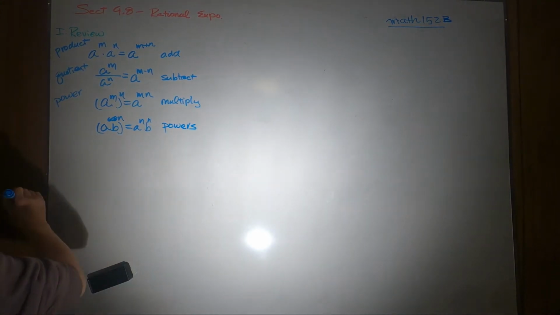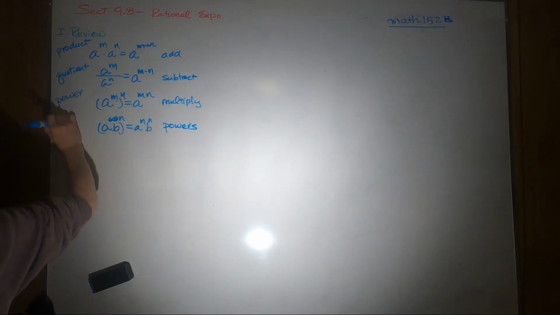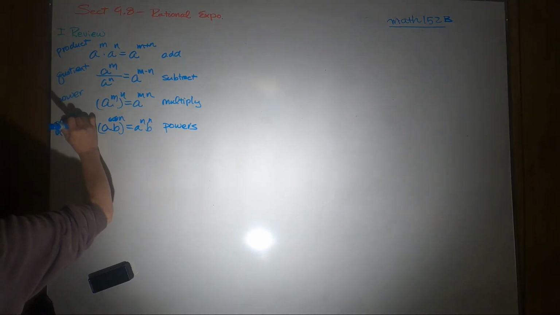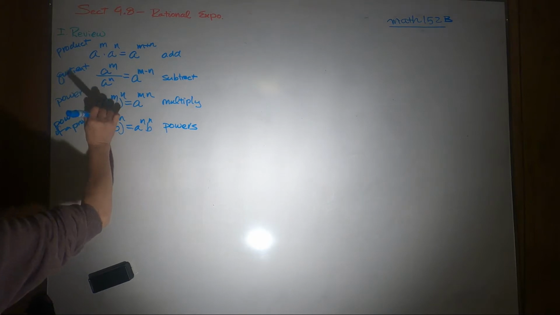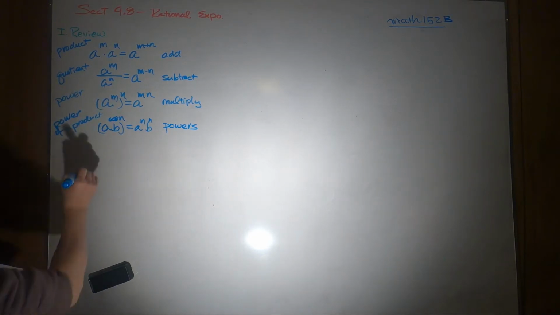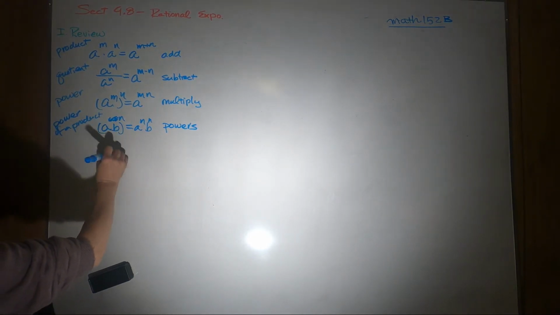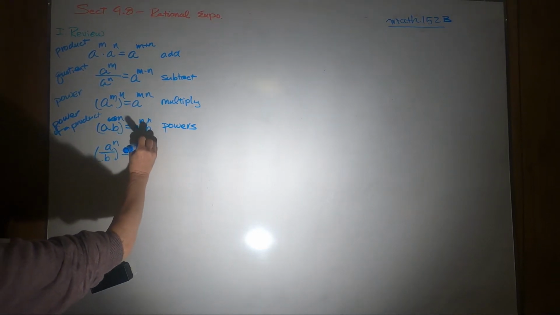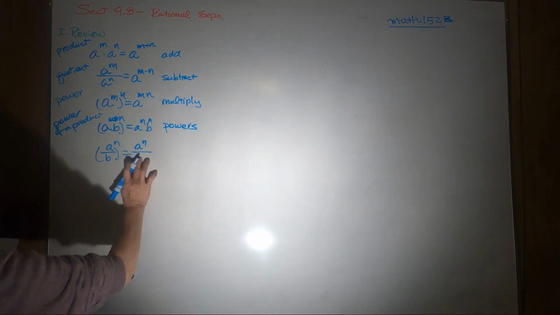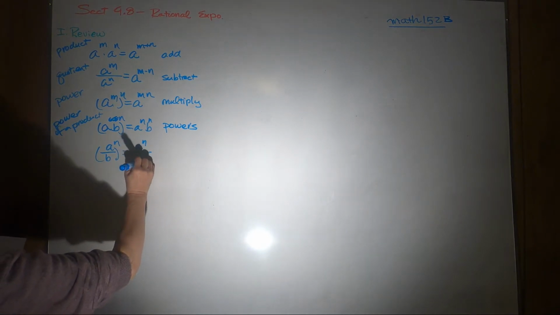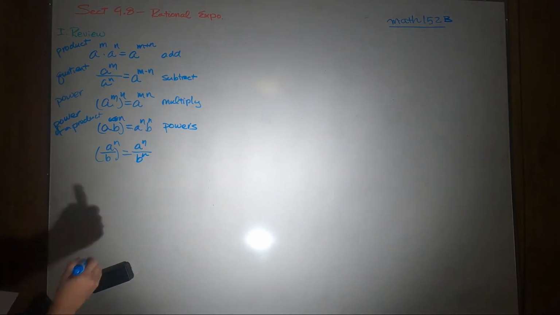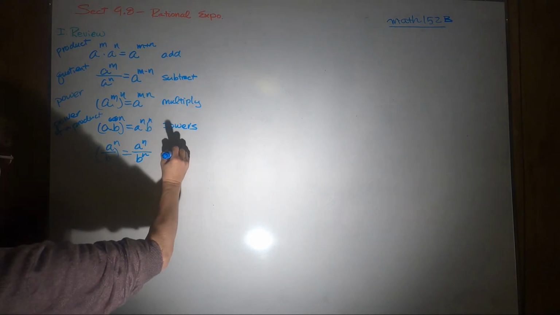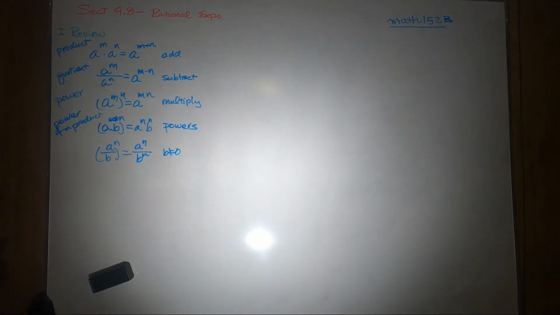We call this power of a product. If for a quotient, a over b to the nth power, you distribute, it will be a^n over b^n. Of course, b cannot be 0, right?